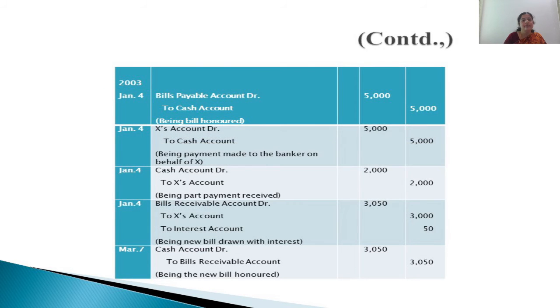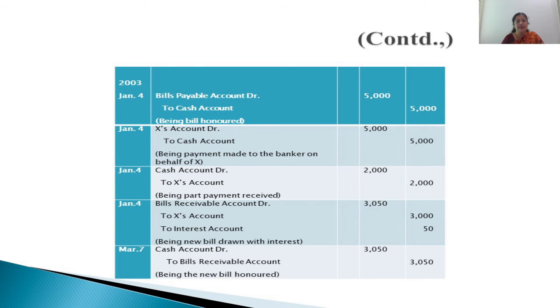Then we have met the bill on which we had given acceptance to X. That means we have honored the bill which we had accepted, for which X was the drawer. So on the first due date, the bill is presented to us from X's banker.